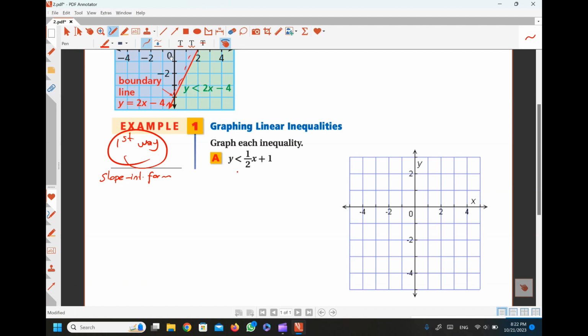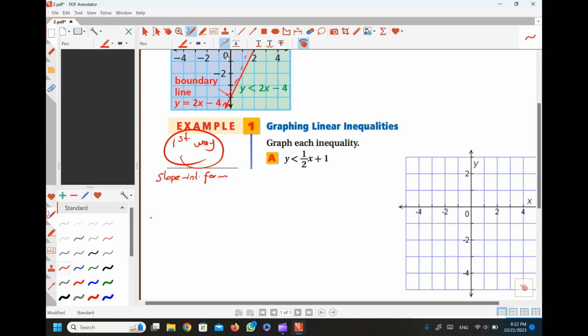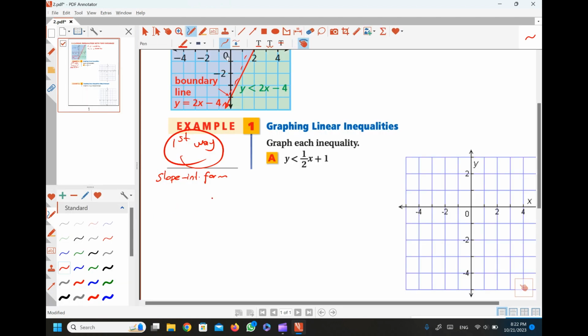So first of all we find the line. How do you find the line? By finding the x and y intercepts first. If we know what the x and y intercepts are, by connecting them we can find the boundary line.